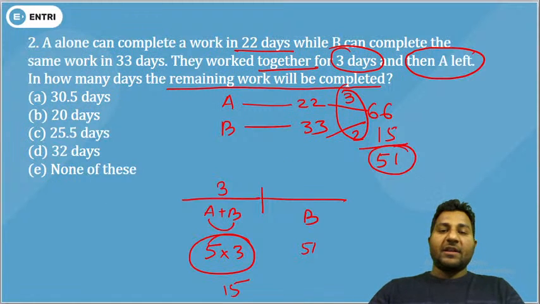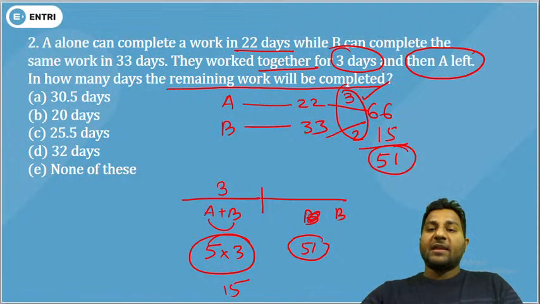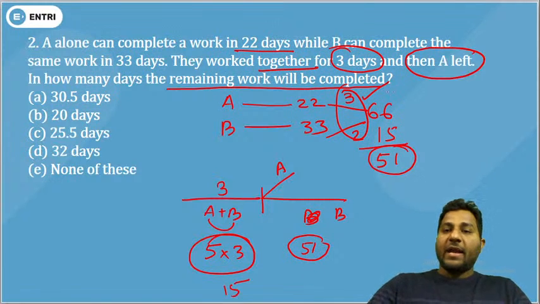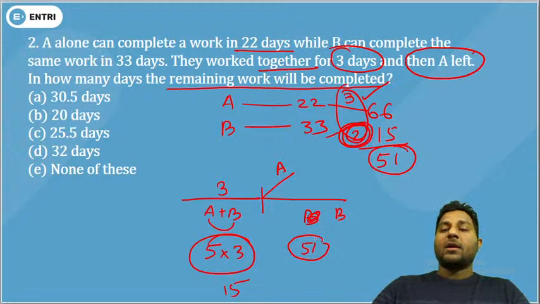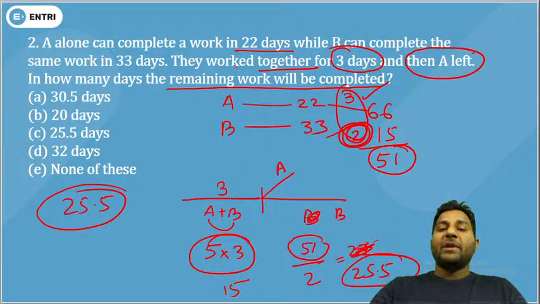B's efficiency is 2 work per day, so if you divide 51 by 2, it will be 25.5. So 25.5 days are taken by B to complete the remaining work.